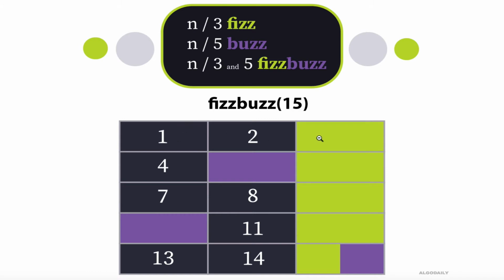Same with 2. 3 is a multiple of 3, so we'll represent it with Fizz. 4 doesn't apply. 5 is a multiple of 5, so we'll represent it as Buzz. 6 is a multiple of 3, so we represent it as Fizz, and so on. And once we get to 15, it's our first case of a number being a multiple of both 3 and 5, so we'll represent it as FizzBuzz.